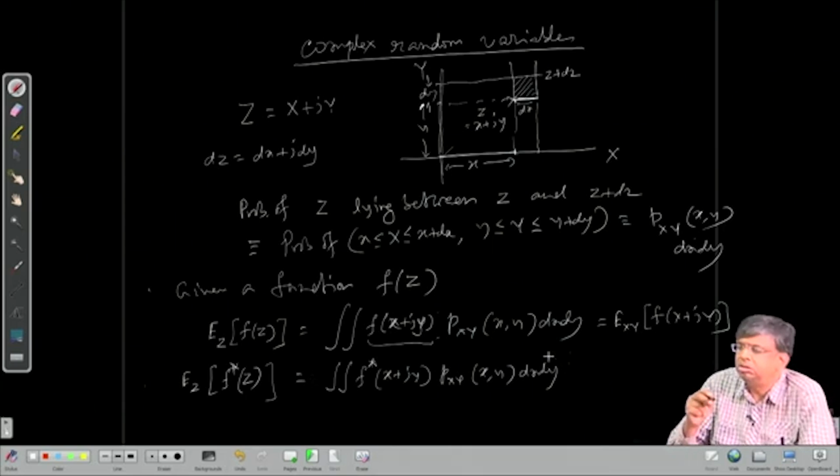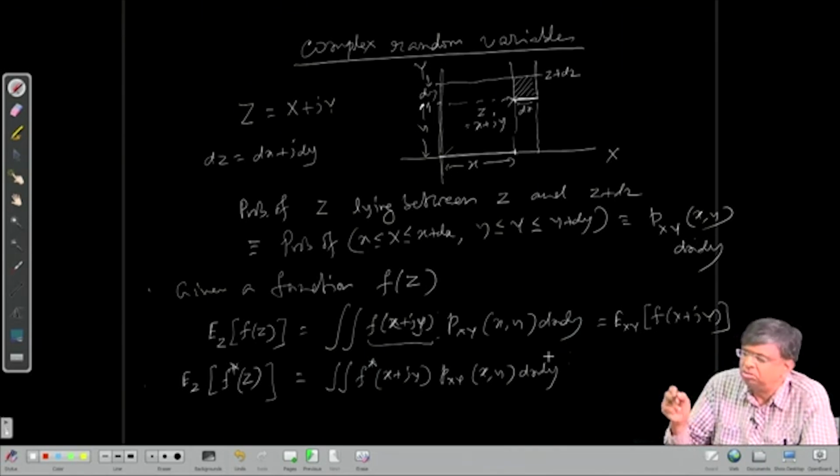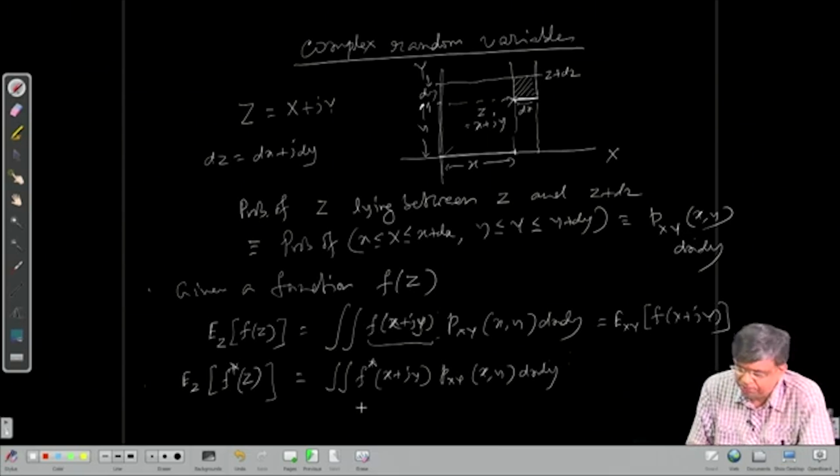That is Z1 star plus Z2 star, that is, first conjugate Z1 star, Z2 star, then add. You will have the same thing if you first add Z1 plus Z2, then star. Z1 star plus Z2 star, we all know, is (Z1 plus Z2) star. First add. So first you integrate and then star.